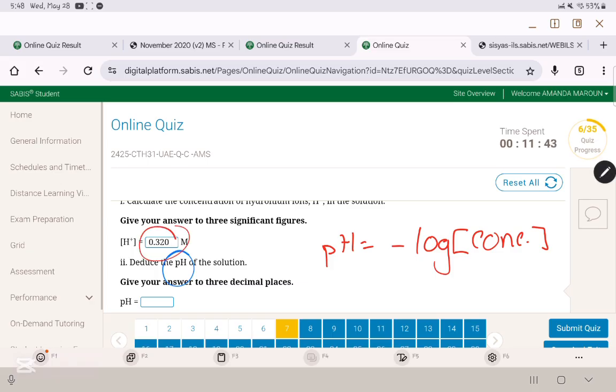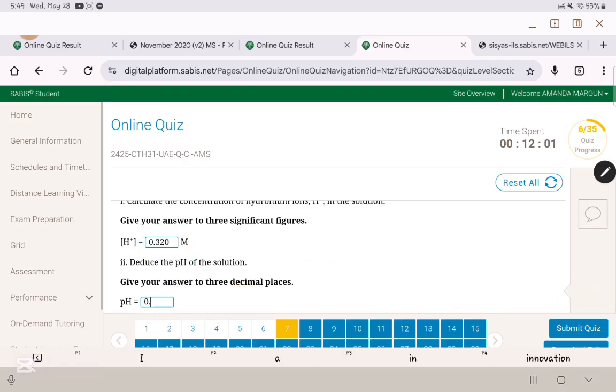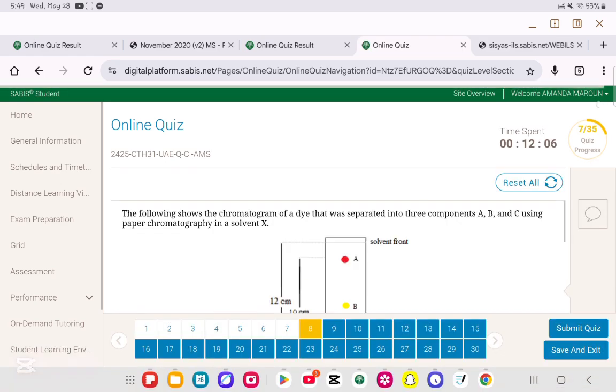What's the value of our concentration? It is 0.320. Okay, and you're supposed to get a pH which is equal to 0.4948. They want it to 3 decimal places, so you will round it. It will be 0.495. So the pH is 0.495.